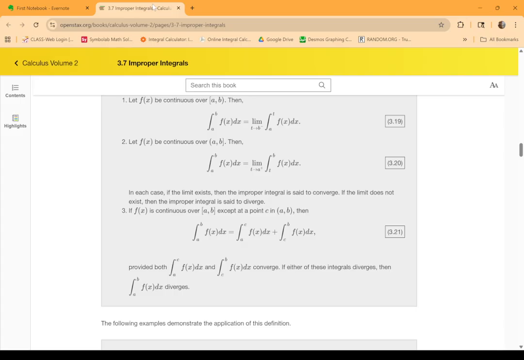Okay, so here we're going to take a look at a different type of improper integral.